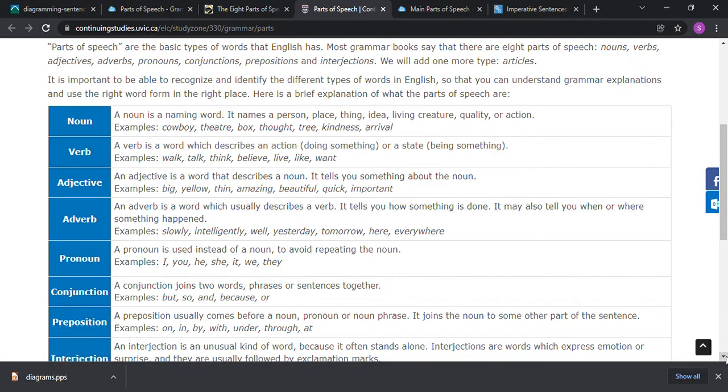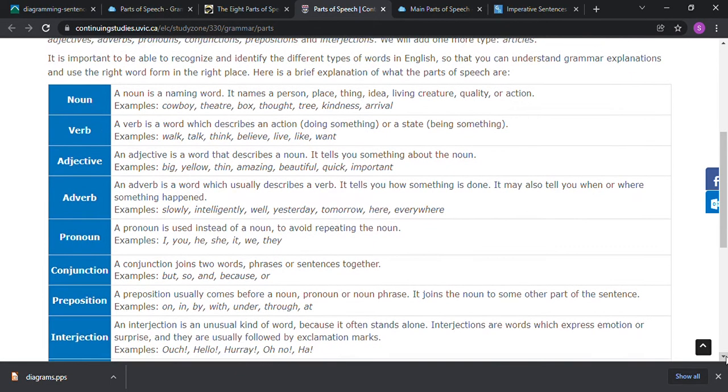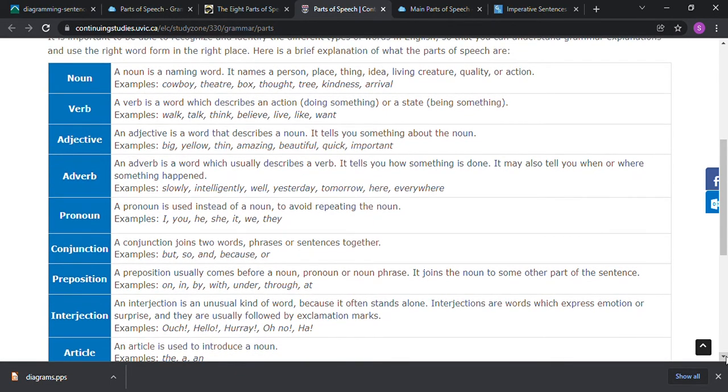So it says a noun is a naming word. It names a person, place, thing, idea, living creature, quality, or action. Examples: cowboy, theater, box, thought, tree, kindness, arrival. A verb is a word which describes an action, doing something, or state of being. Examples: walk, talk, think, believe. And then it tells you about adjectives.